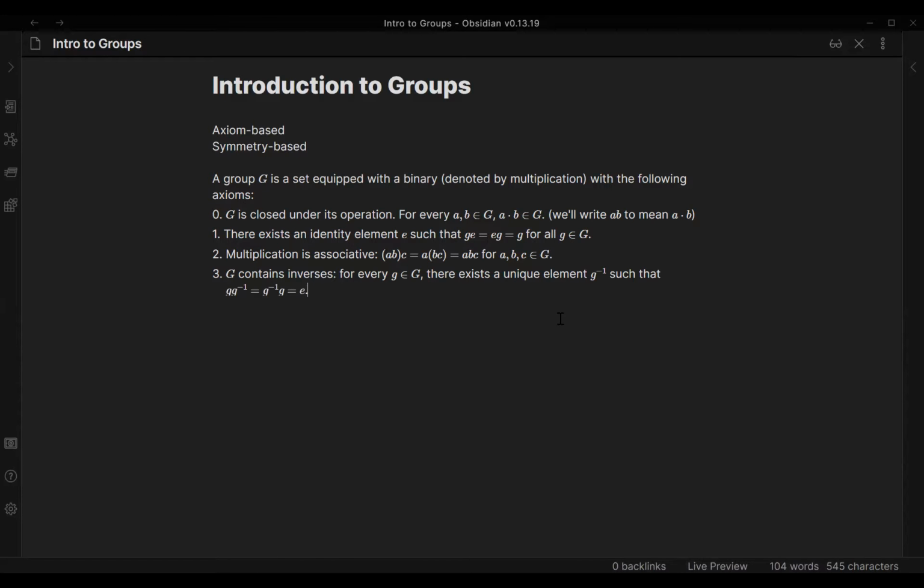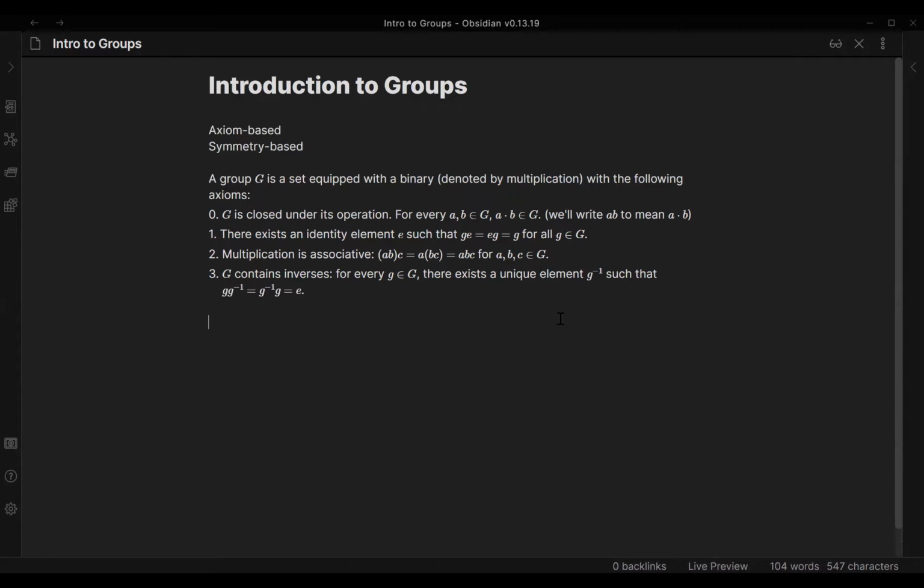So every element G has another element in the group that sends it back to the identity under multiplication.